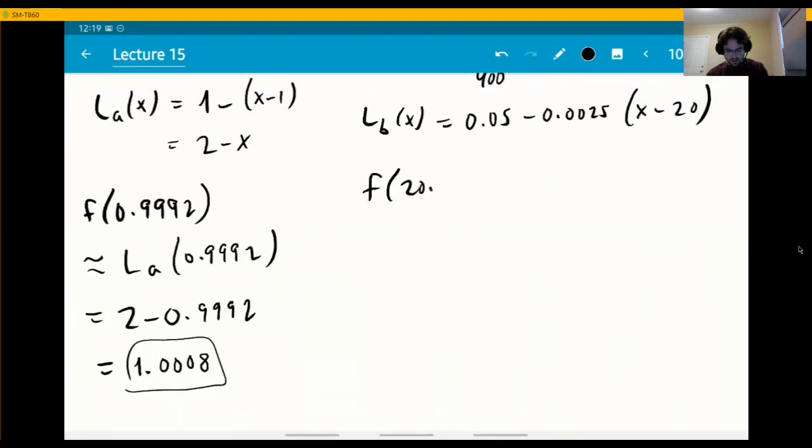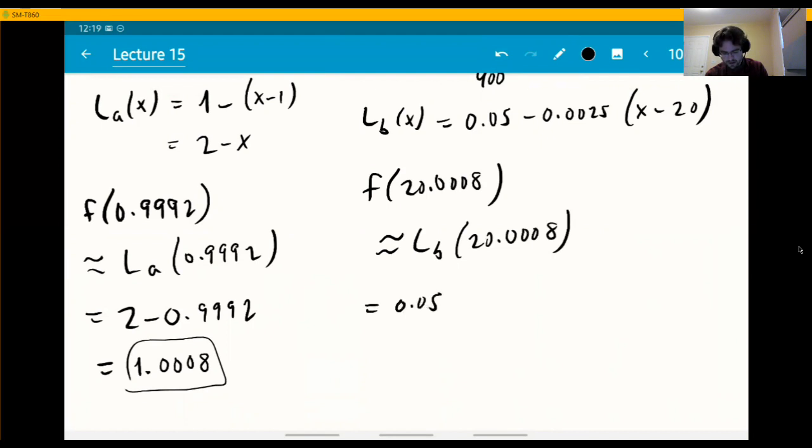And the other one, 20.0008, that's close to B, which was 20. So we use this other linear approximation for it. It's going to be approximately LB of that number, which is 0.05 minus 0.0025 times that number minus 20. That just gives the decimal part.